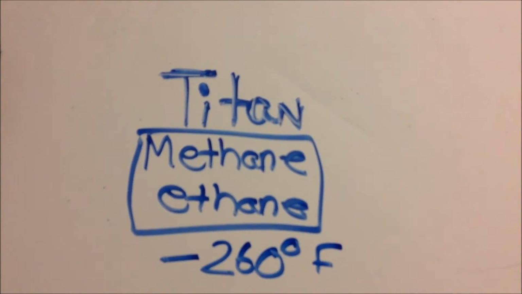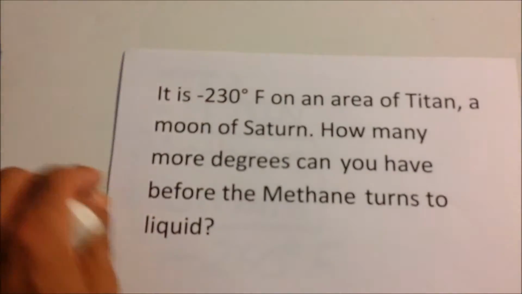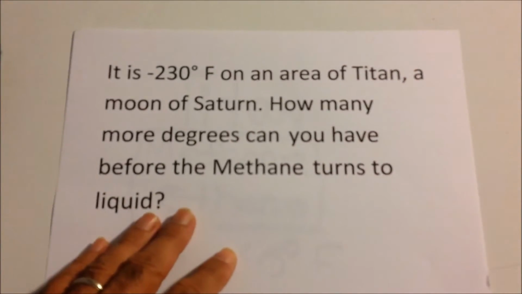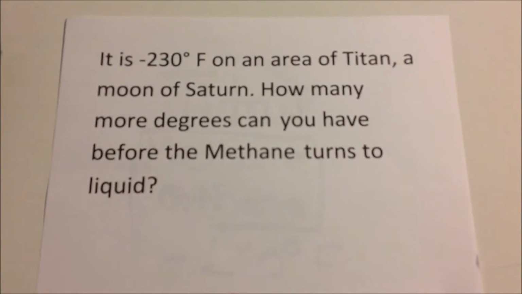So the average temperature in Titan is extremely cold. So let's say we were at Titan, or there was a probe at Titan, and we saw this question. Let's say somewhere on Titan it was negative 230 degrees Fahrenheit. Again, that's at least 100 degrees colder than any place on Earth.